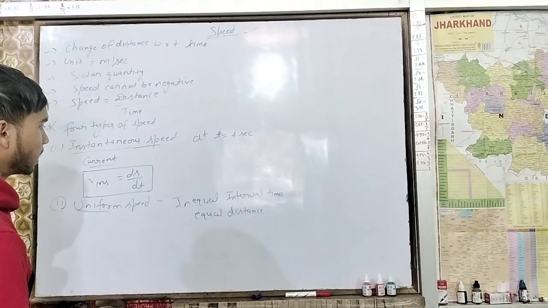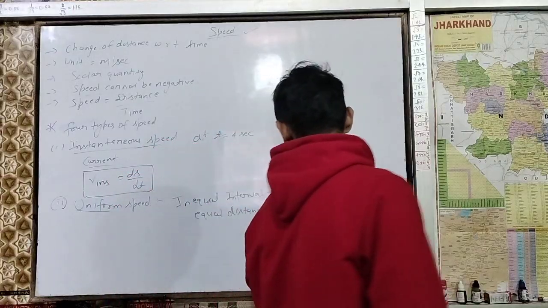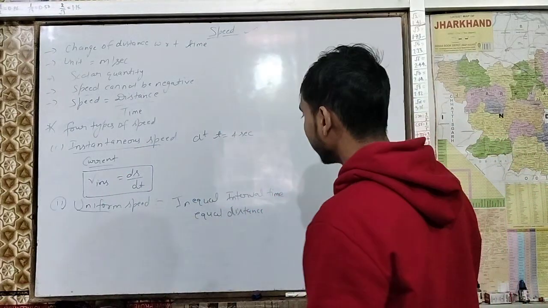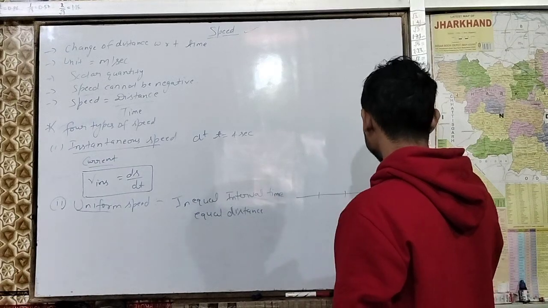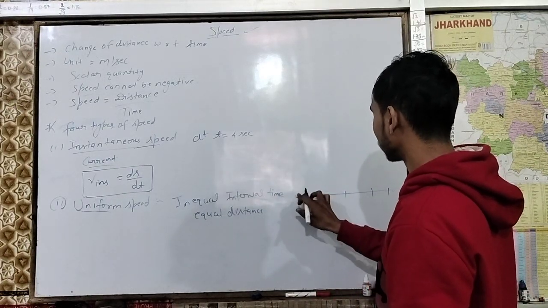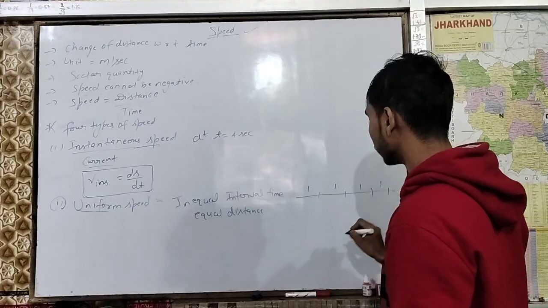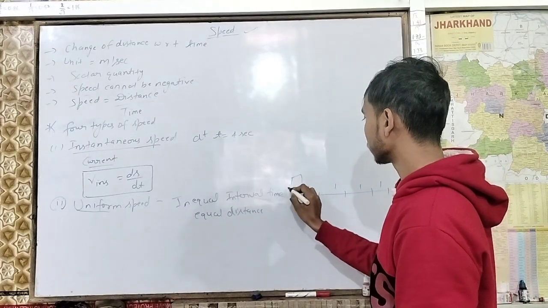If those objects are covering equal distance in equal intervals of time, understand? For example, 1 hour, 1 hour, 1 hour, and the distance the object is covering.